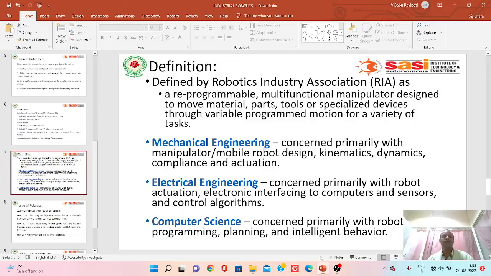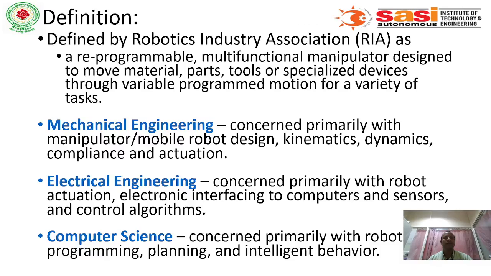Then coming to the definition of a robot, several people define robots in several ways. We have an institute, RIA, where the abbreviation RIA is Robotics Industry Association. They defined it as a reprogrammable multifunctional manipulator. So it's reprogrammable, we can program it several times. Then multifunctional, it's not single functional.